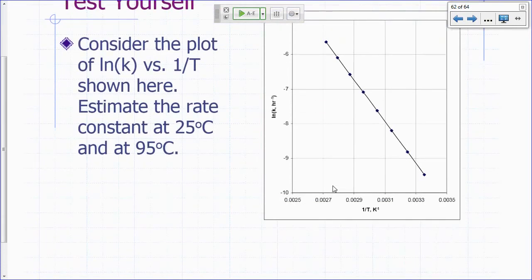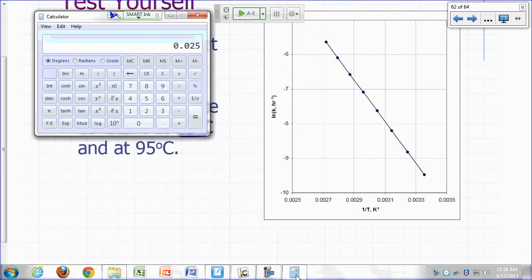Let's take a look at this example right here. ln of k versus 1 over T. Estimate the rate constant at 25 degrees and 95 degrees. What would you have to do? What's 25 degrees? 298 Kelvin, right?